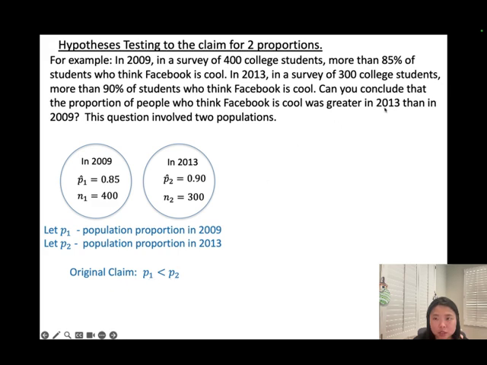Even though this is P2 greater than P1, we try to write it in order. That will be my alternate hypothesis because this is strictly less than. So think about it, what is your null hypothesis? That will be greater than or equal to. So this is going to be a left-tail test.